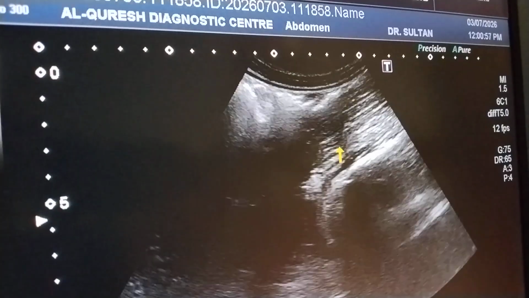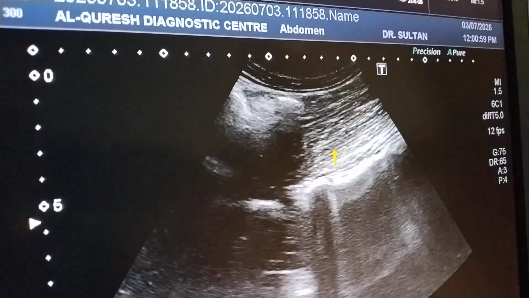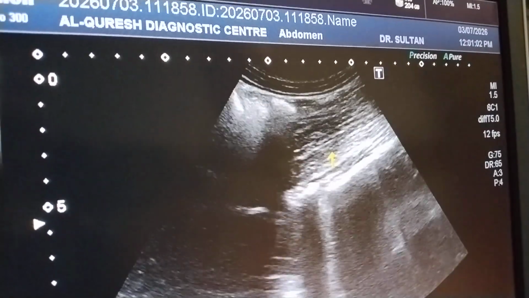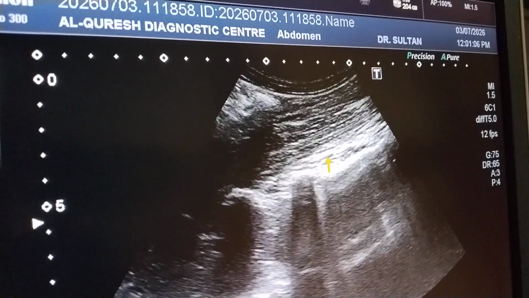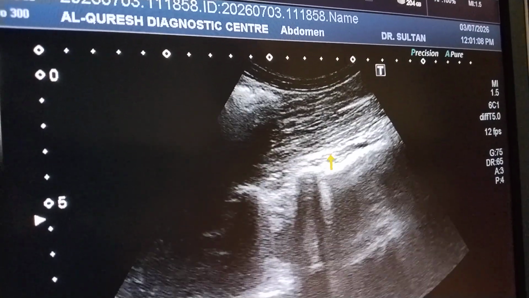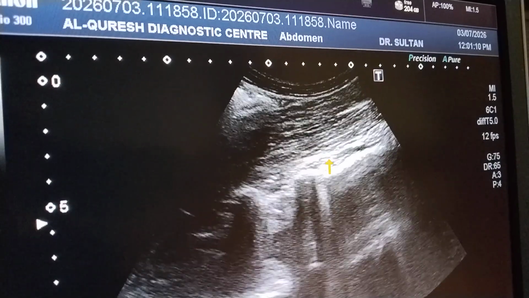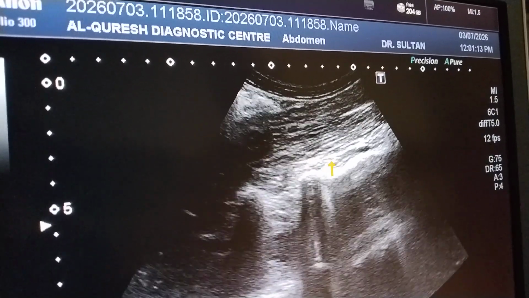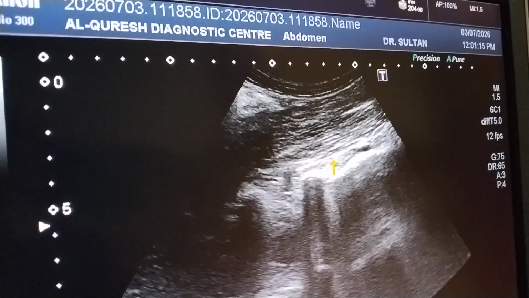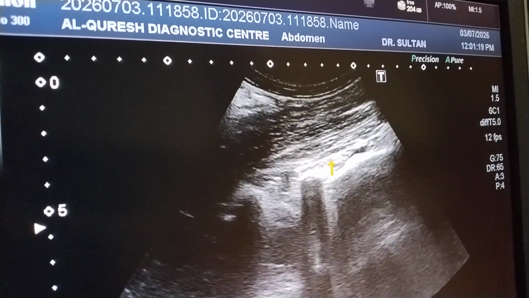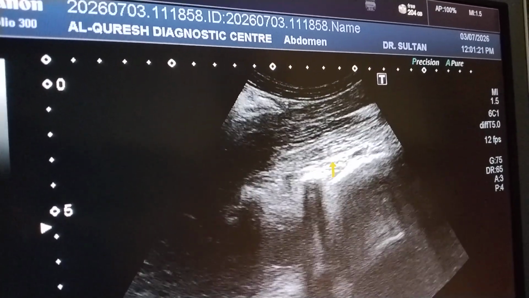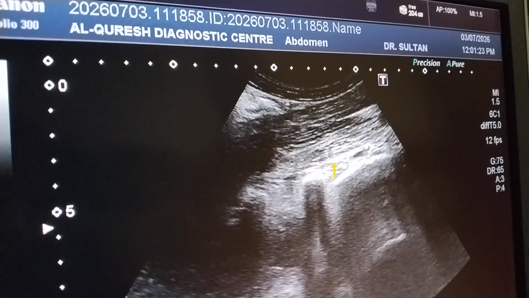So at this position, when the patient is in the supine position and we are going to trace the right ureter, just tilt the probe or angle the probe slightly anteriorly and towards the left side of the patient, and slightly angle it upward.